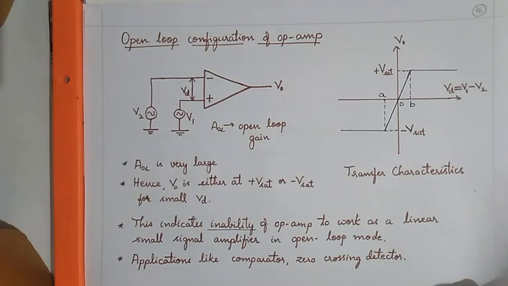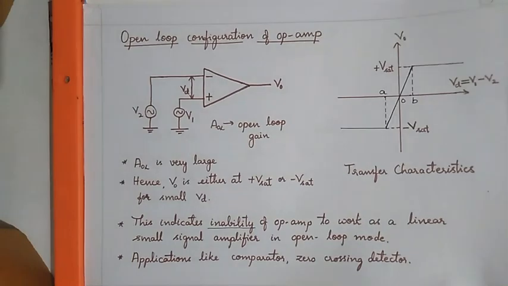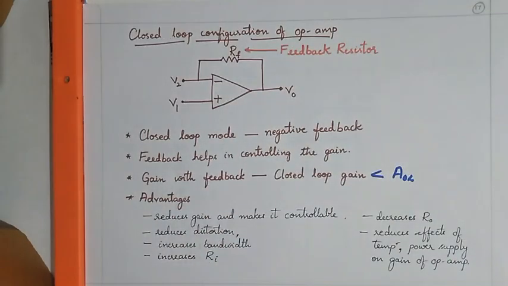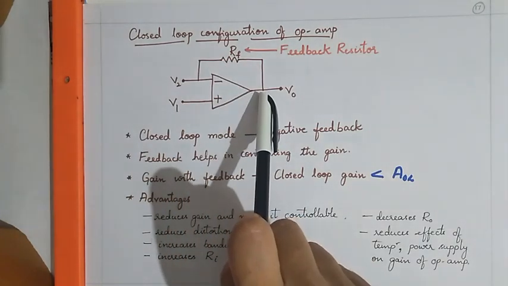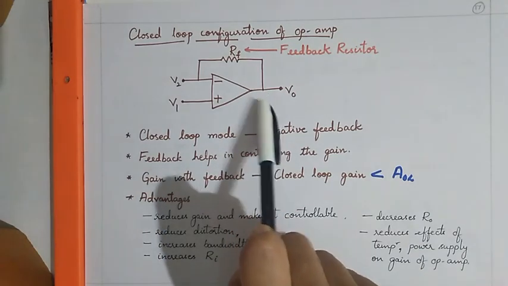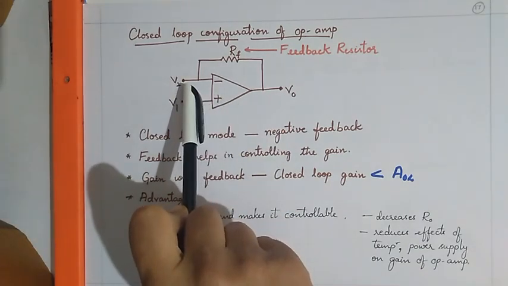To overcome this, the closed loop configuration of the op-amp is used. Closed loop mode is the mode of the op-amp which increases its utility. It uses feedback. The feedback resistor RF is connected between the output voltage and the inverting terminal.